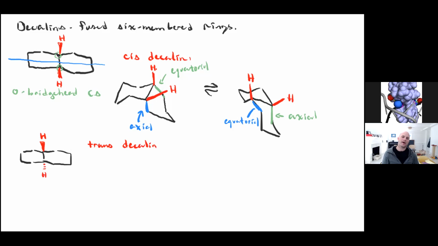You may be able to see from this structure that there is not a sigma plane of symmetry. I'll circle the bridgehead carbons again for you. There's not a plane of symmetry. And if I draw this in 3 dimensions, it looks something like this.